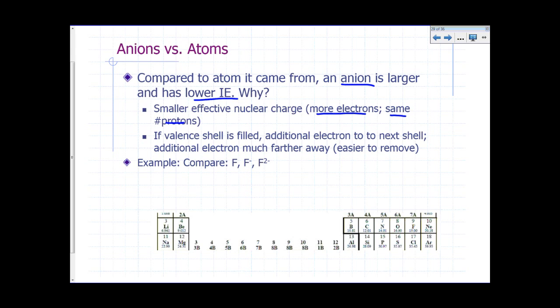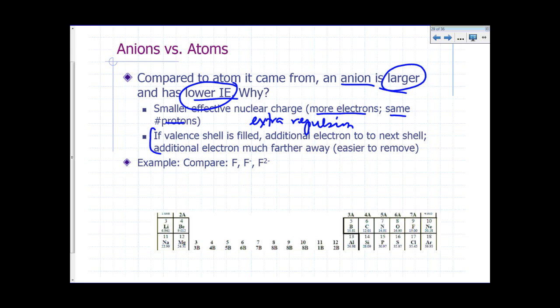So extra shielding means extra repulsions among the electrons on the outside, right? So if there's extra repulsions, they're going to spread out more, so your size would be larger. If they spread out more, they move farther away. They're going to be pulled less by the nucleus, and so the ionization energy is going to be lower. It will be easier to remove an electron from out there.